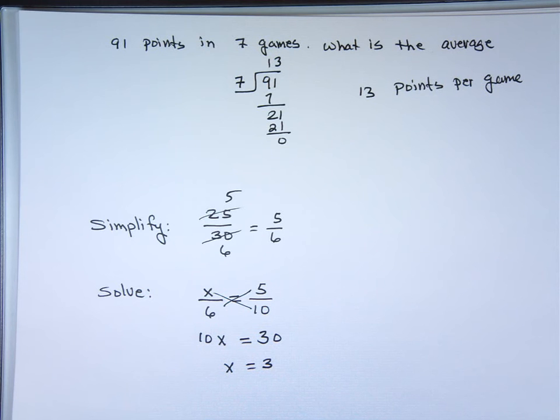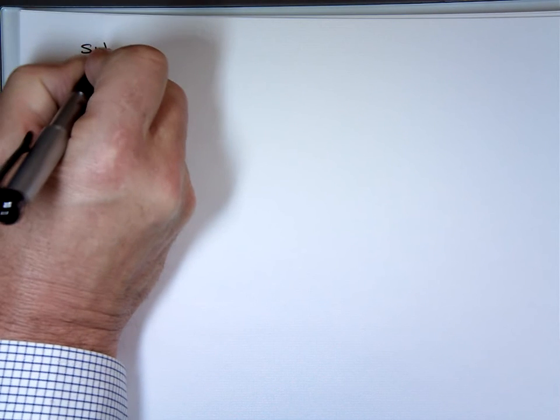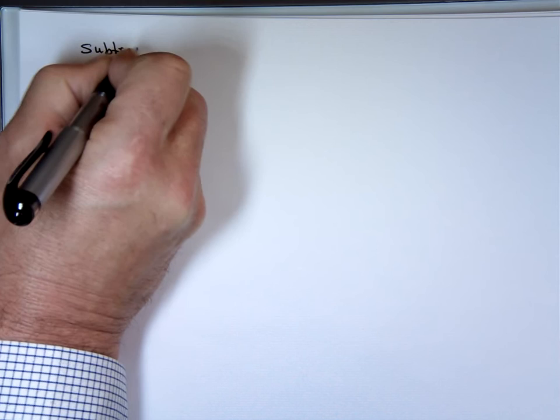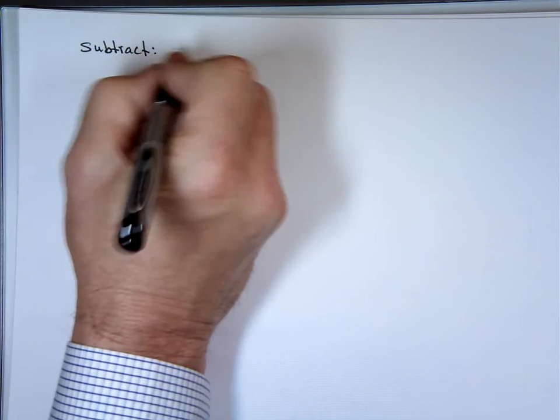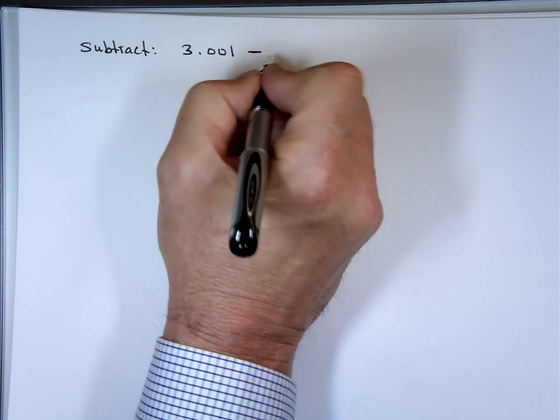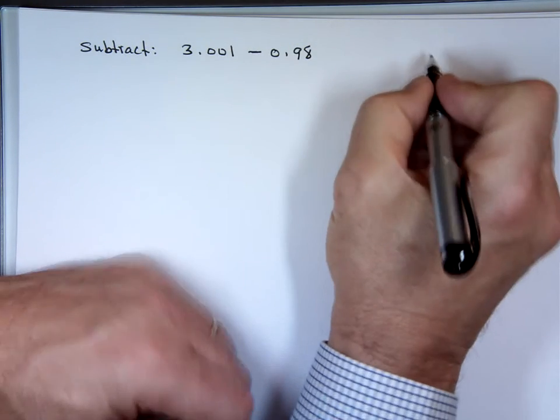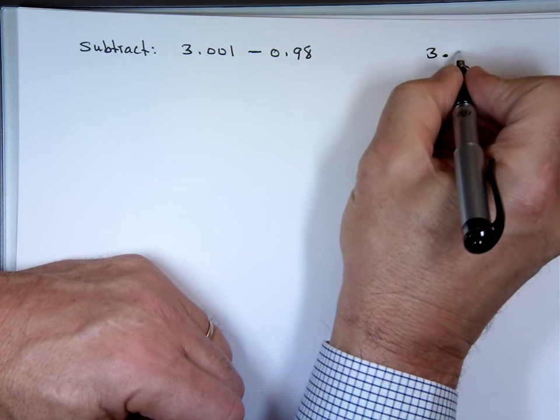I wrote some questions down from the chapters. Subtract 3.001 minus 0.98. Again, if you want to subtract them, align the decimal point, just like if you want to add them.